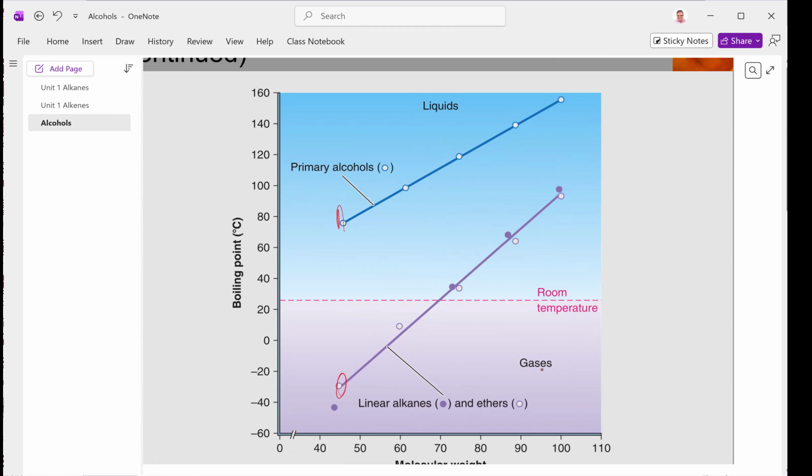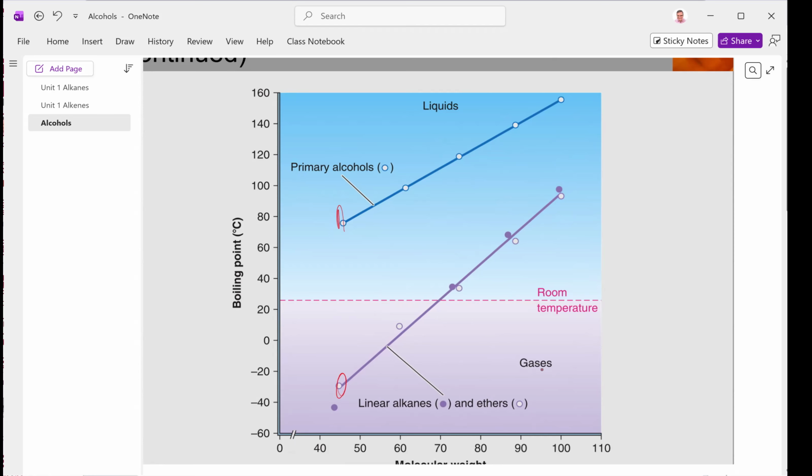Now, surface tension is important if you're a mosquito. Because mosquitoes like to land on water and walk on water. That's because the surface tension of water is very, very high. Because it's got two hydroxyl groups, two hydrogen bonds. So it's quite strong.